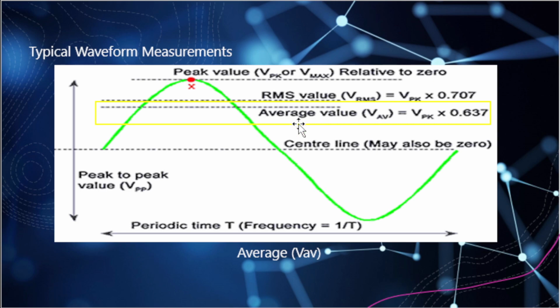And that will give you your average value. And you can see by this picture here, the depiction of these dotted lines, which would represent where your average voltage would be. So you can say that it is a measurement significantly lower than what your peak and even your peak-to-peak measurement would be.